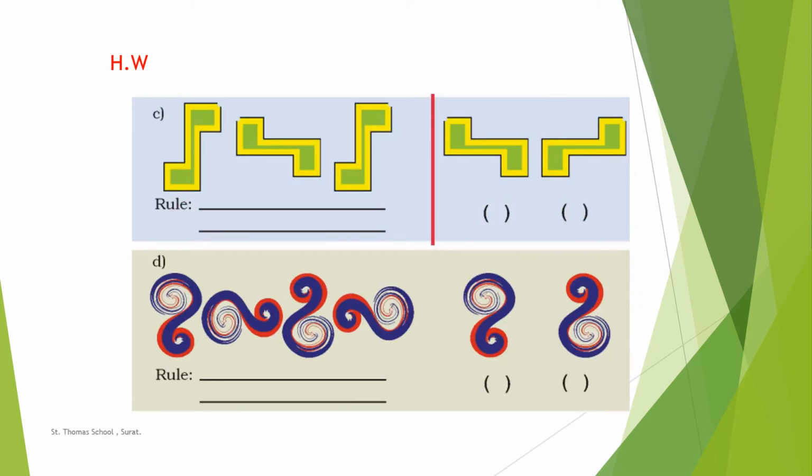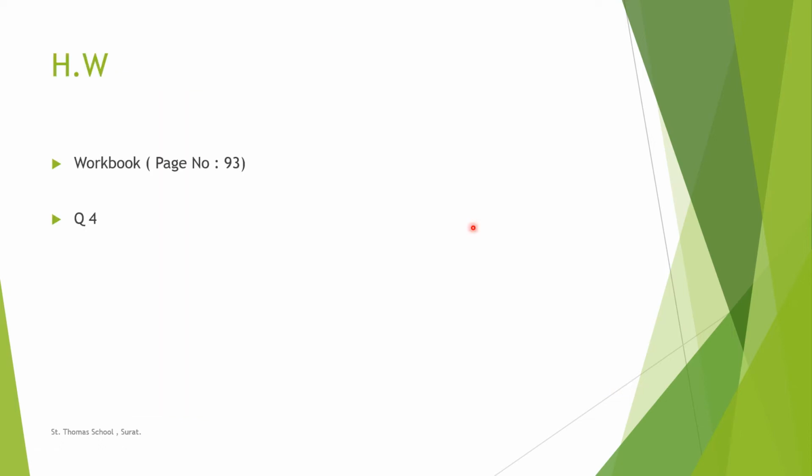Now there are two pictures given once again in your textbook itself, so this you have to do as homework in your school textbook. Once again there is a homework for you. It is on page number 93 of your workbook, question number 4. Try to do it. Practice it.